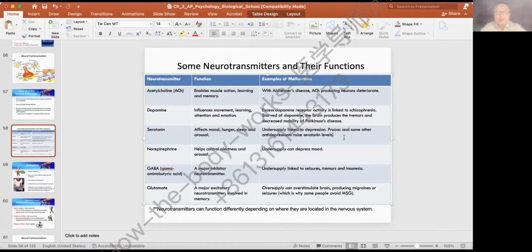That is the mechanism of how doctors treat depressed patients. Just remember that serotonin is associated with depression.